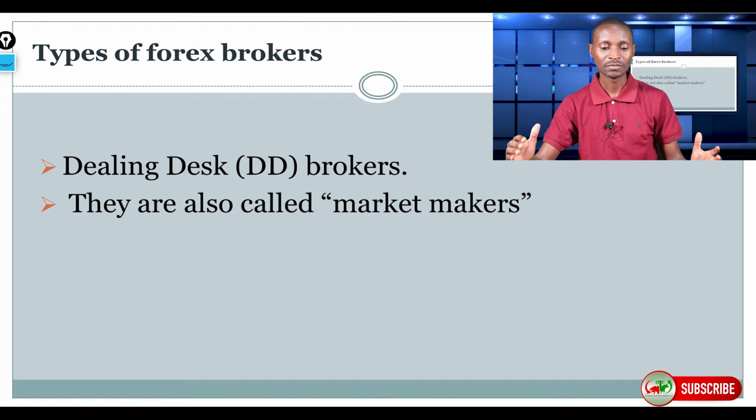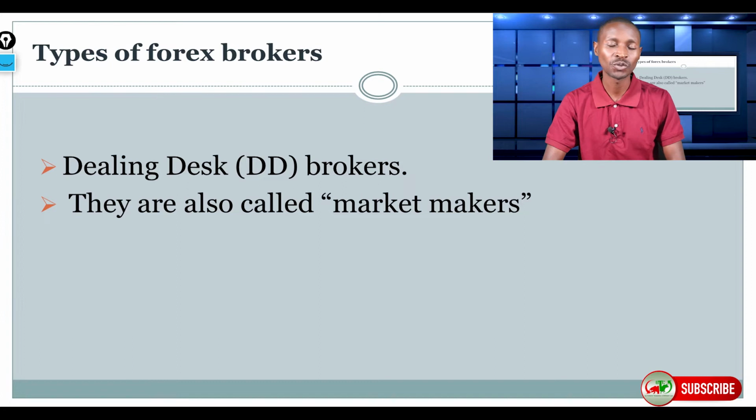They widen the spreads in order to make a profit, because they do not provide the platform and the currency pairs to trade free of charge. That is the way they make money.